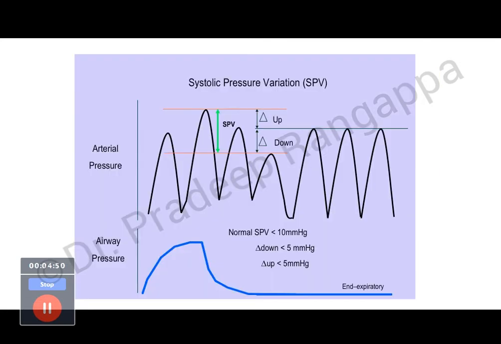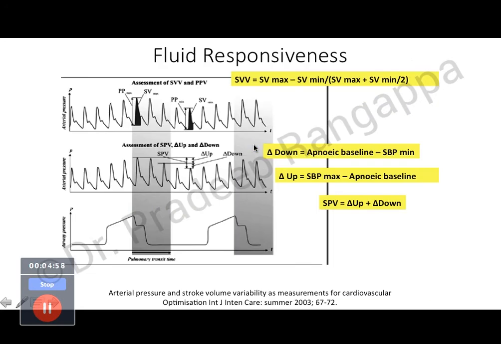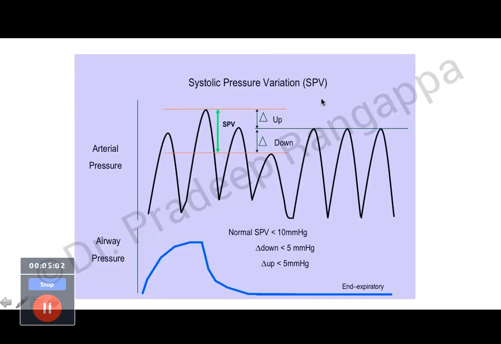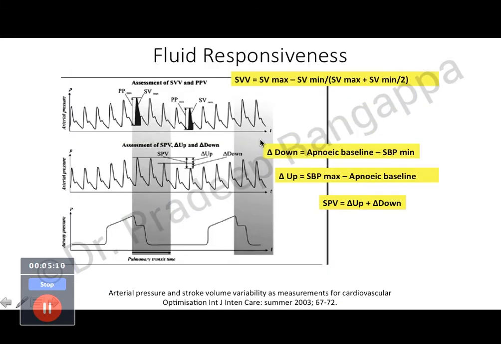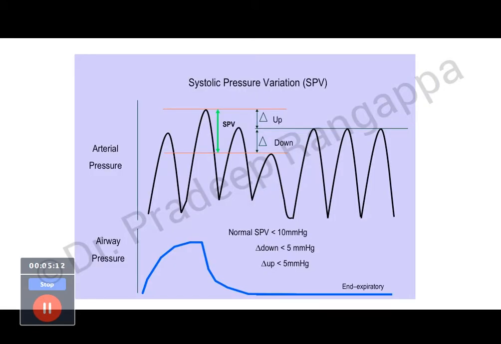Simply, if you see this curve, this is the systolic pressure variation where you take delta up. Delta up, as you see, is maximum systolic blood pressure minus apneic baseline. And this is the delta down, which is apneic baseline minus minimum blood pressure.